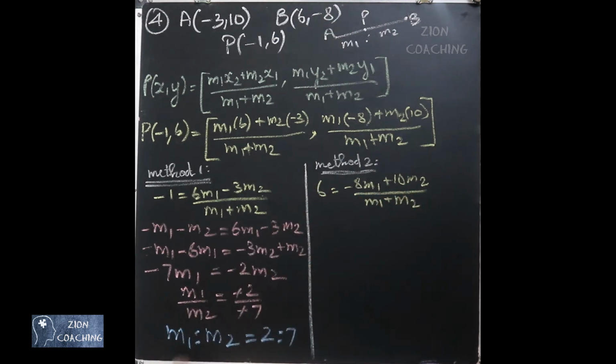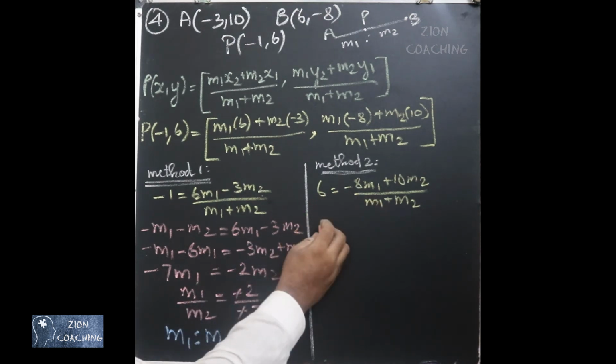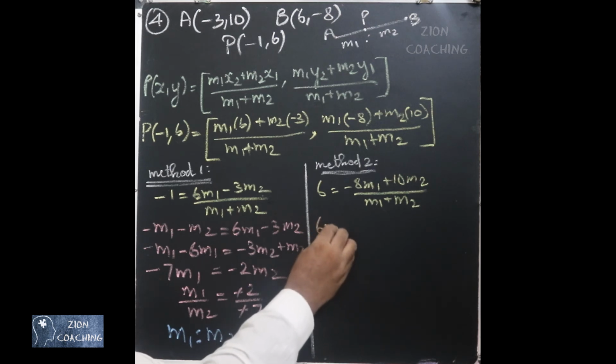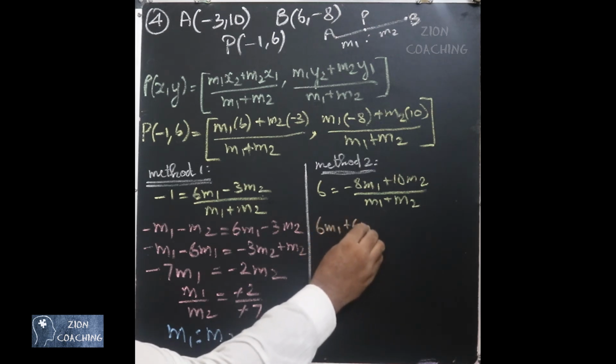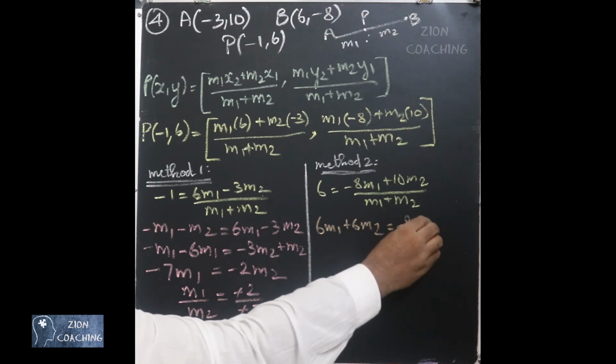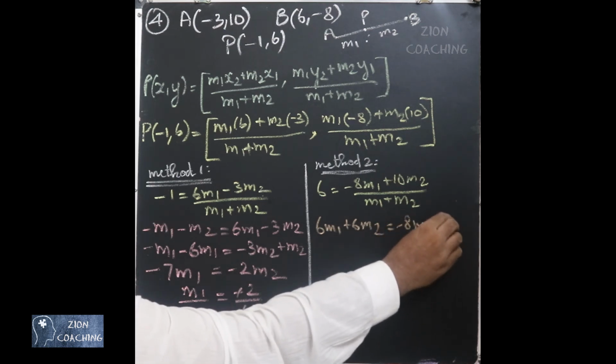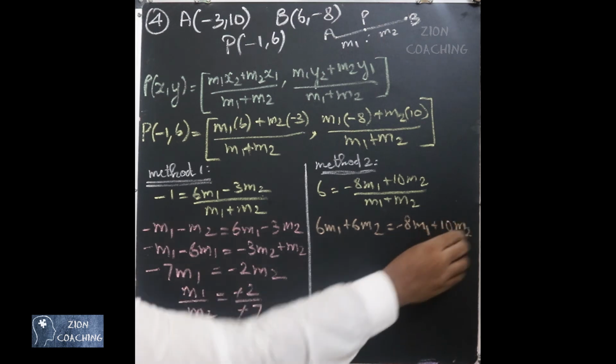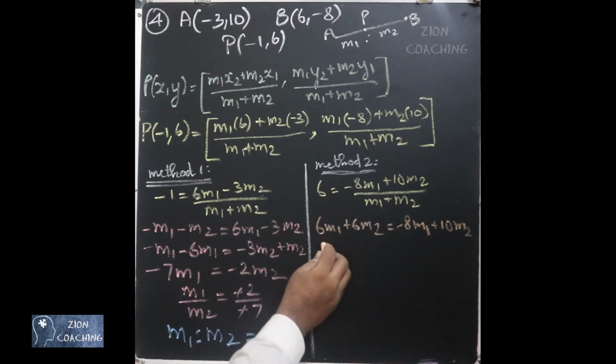When you take this m1 plus m2 that side, both will get multiplied by 6. So you will have 6m1 plus 6m2 equal to minus 8m1 plus 10m2. Now bring all m1 to one side and m2 to the other side. So already 6m1 is there.